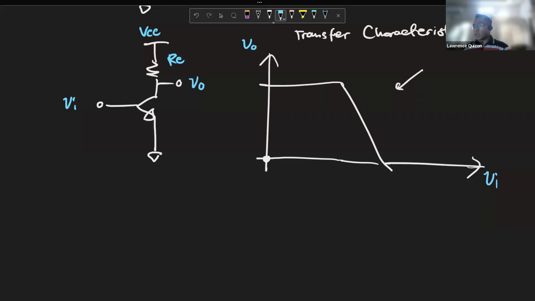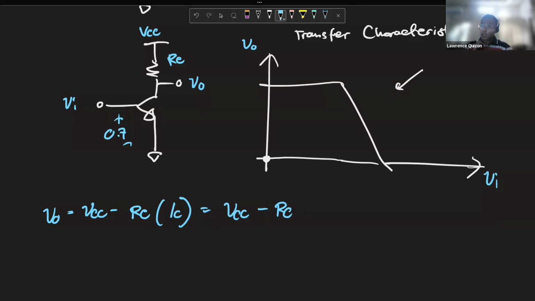Tingnan natin. So V out is equal to VCC minus RC times IC, which would then turn into, kung hindi natin gagamitin yung 0.7 assumption, which we're not going to use here. Bakit? Kasi Vin is directly connected to that, so masyado siyang magiging sensitive to Vin. We cannot assume that Vin is 0.7, of course.